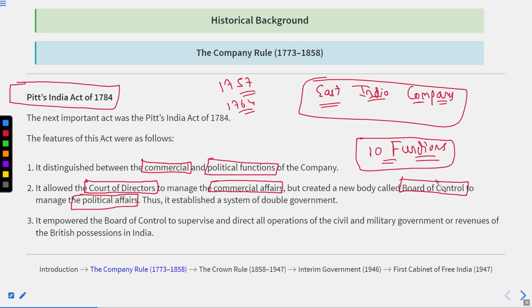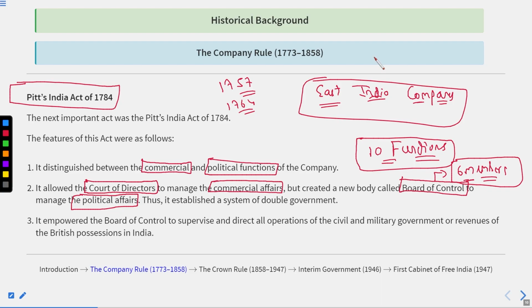If we talk about the composition, the Board of Controllers is a 6-member body. It empowered the Board of Control to supervise and direct all operations of the civil and military government or revenues of the British possessions in India.